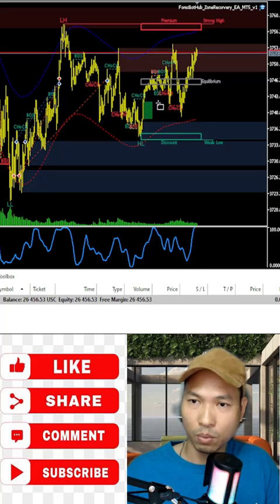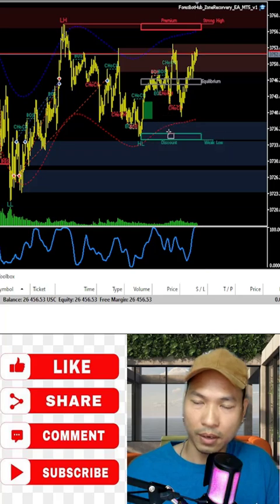So we wait for the price to go back into this zone. And on the other side, we have the bullish order block here. So the best will be this zone, right?